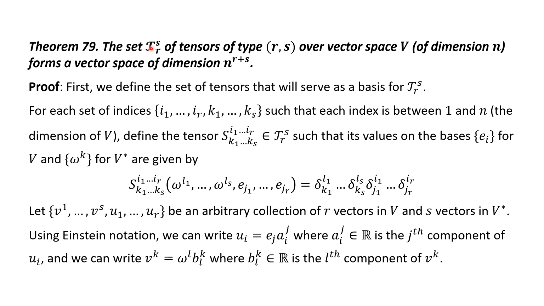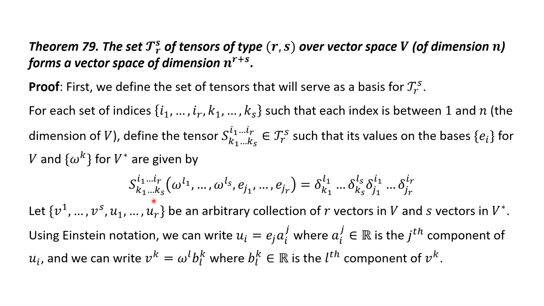So in order to prove this, we need to find a set of tensors which we will then prove are a basis for this set. So to that end, for each set of indices corresponding to R and S here, such that each index is between 1 and n, that's because the dimension of V is n, define the tensor shown here, an element of our set, such that its values on the bases e sub i for V and omega superscript k for the dual of V are given by this equation here.